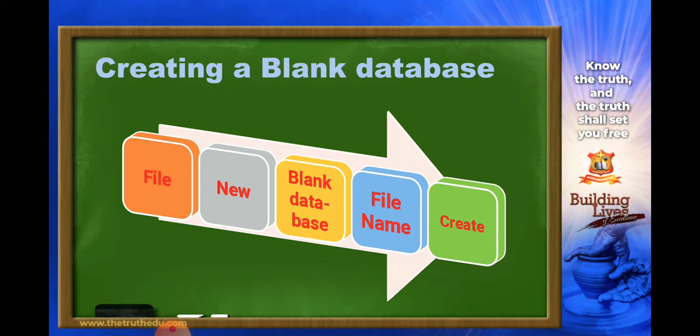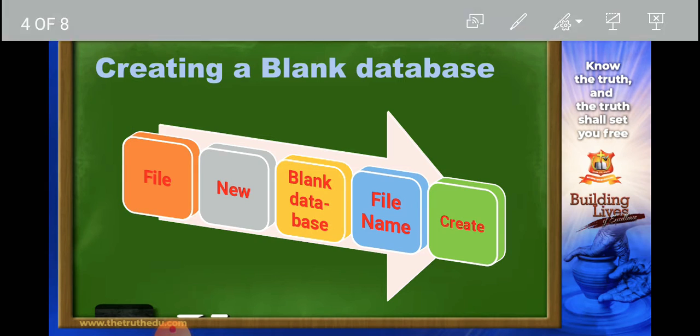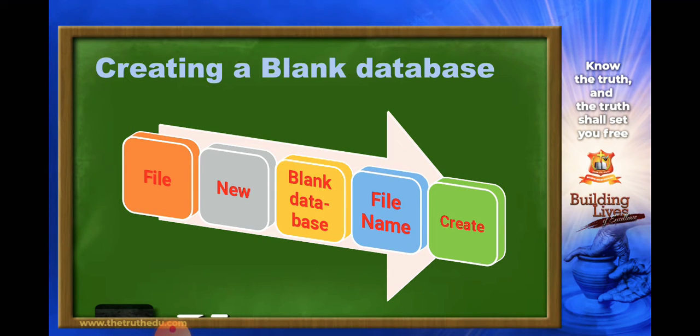Once you click on Blank Database, we type the name of the database in the file name text box and click on the Create button. That's how you give the file name to your program. Once you click on the Create button, your database will be created.